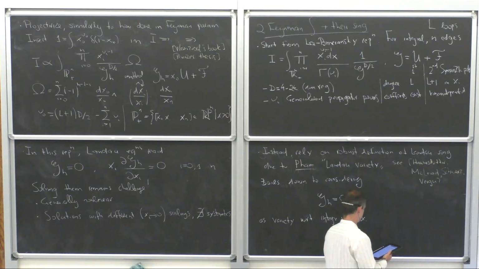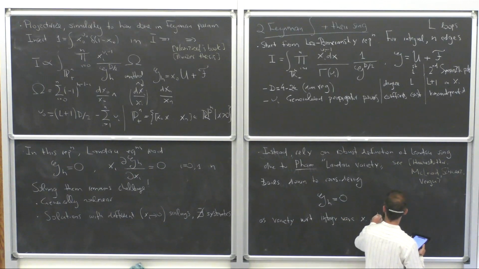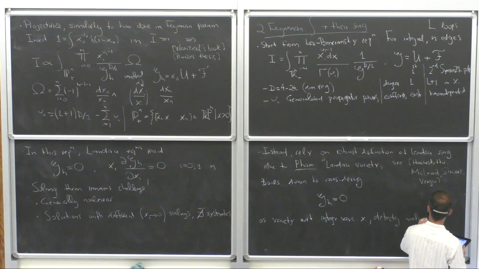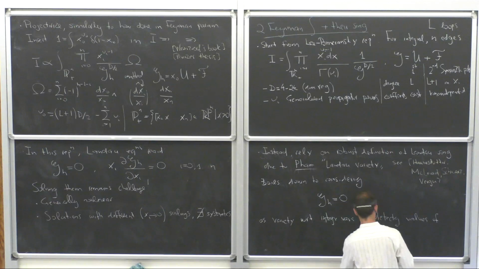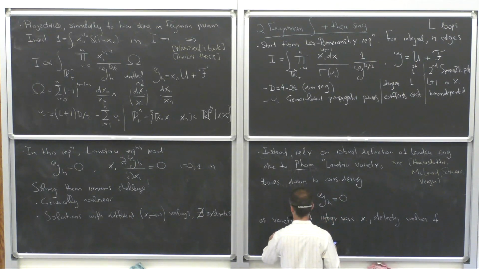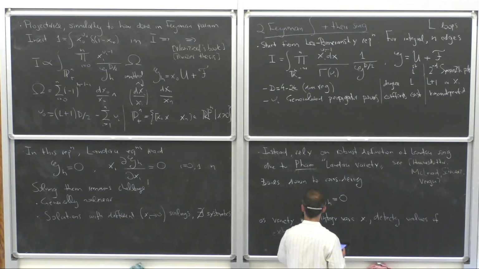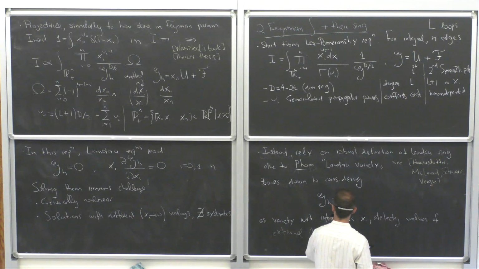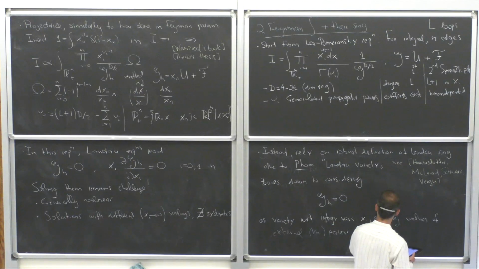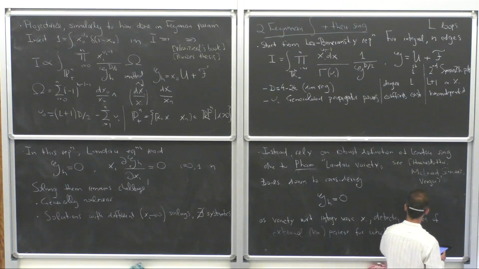And then what you do is you detect values of the external kinematic parameters for which this changes topology.